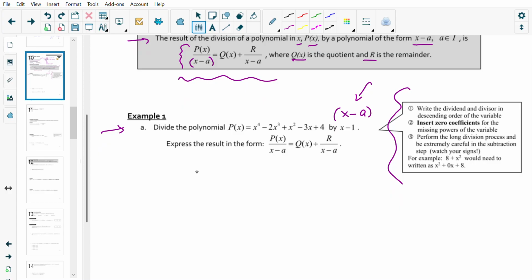So I'm going to line it up like this. Here's my dividend, the thing that is being divided. And then here's our divisor. Divisor is x minus 1. Since I have two terms here, x minus 1, I'm going to look at the first two terms here.